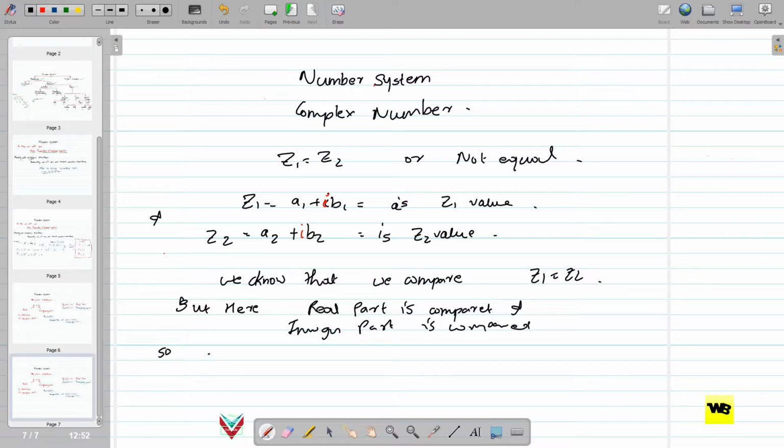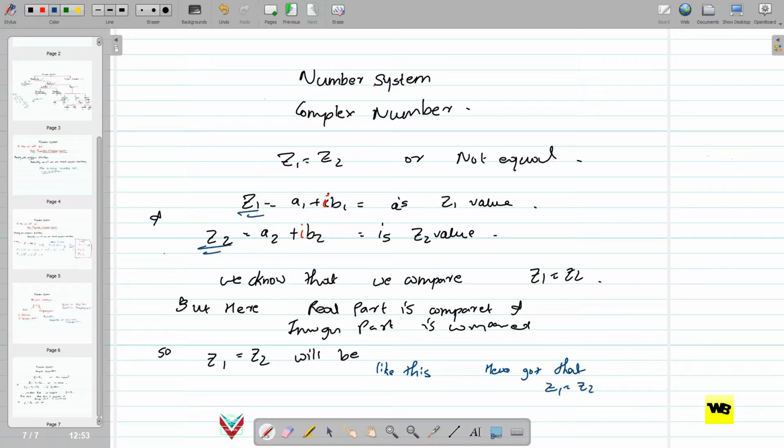So Z1 equals Z2 means A1 plus i B1 equals A2 plus i B2.